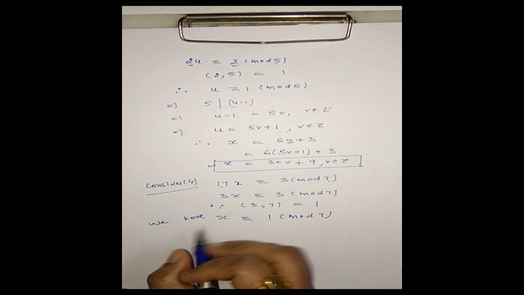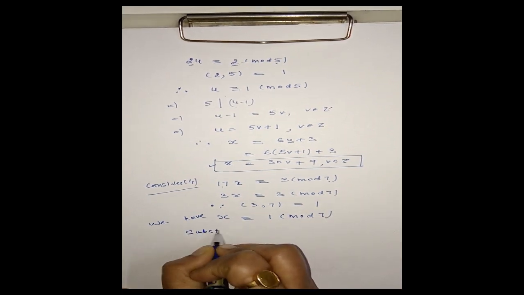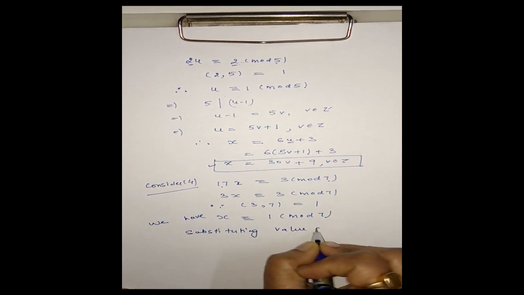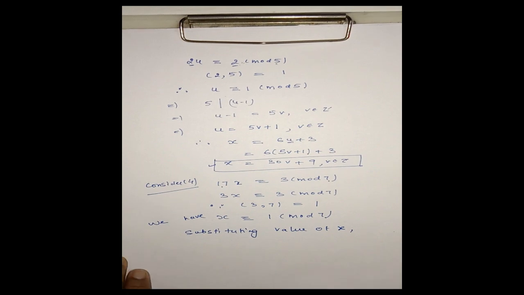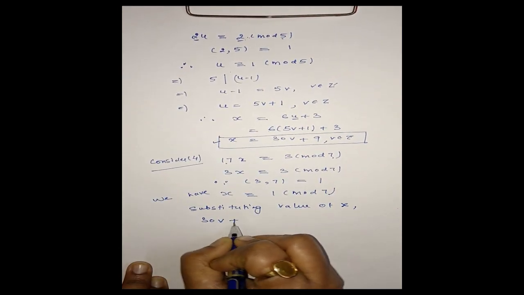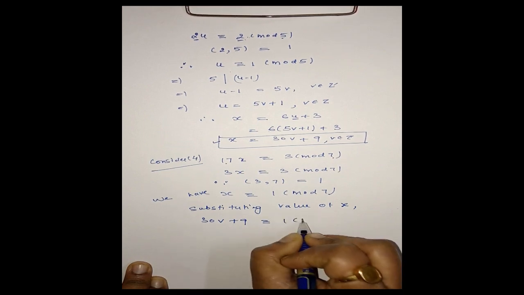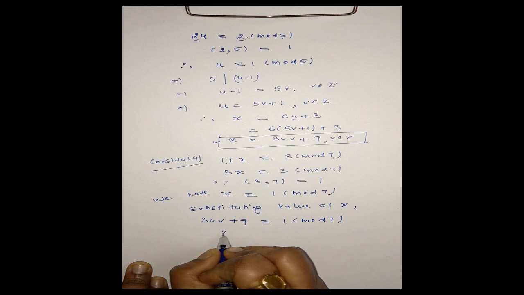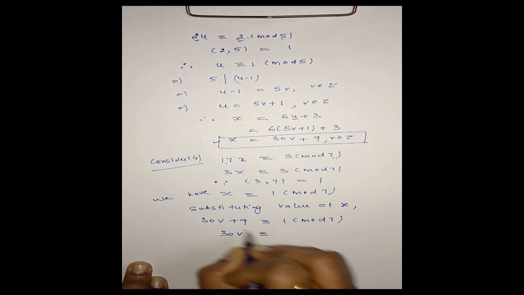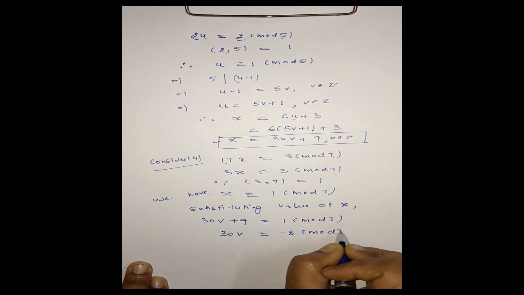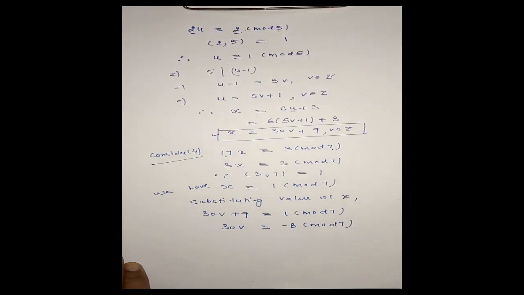Now substituting the value of x, we have 30v plus 9 is congruent to 1 modulo 7. Now subtracting 9 from both sides, we have 30v is congruent to 1 minus 9, that is minus 8 modulo 7.